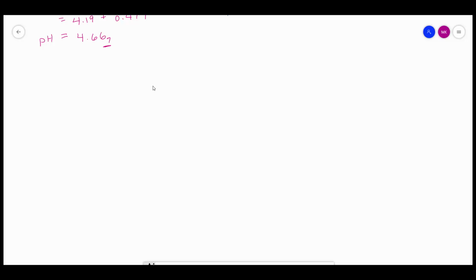So let's just look at an acetic acid solution. We'll just review a little bit. So if we have acetic acid, now acetic acid is HC2H3O2, and we're going to just put it in water. So this is our weak acid.